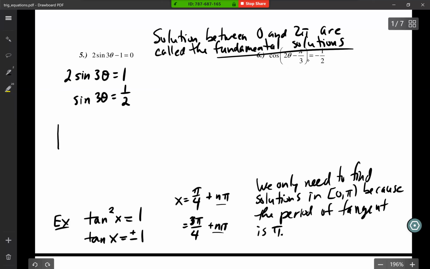Well, again, in this particular case, we're looking in quadrant 1 or quadrant 2. One angle that has a sine that's equal to a half is pi over 6. That's the one that's in quadrant 1. So the one over in quadrant 2 is going to be 5 pi over 6.